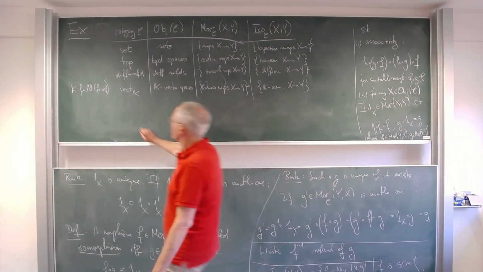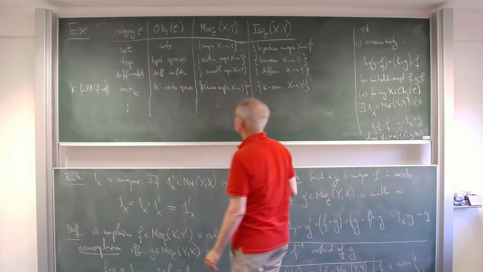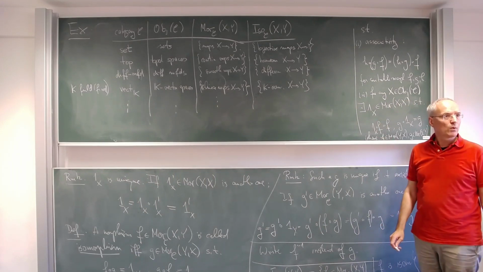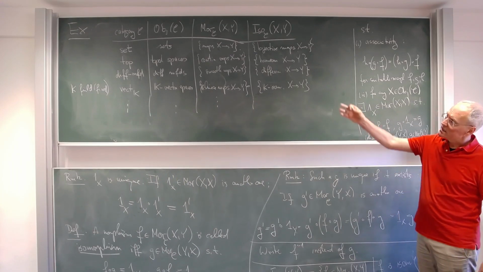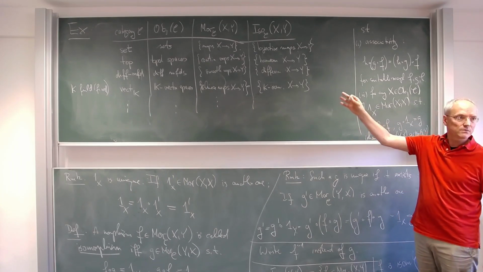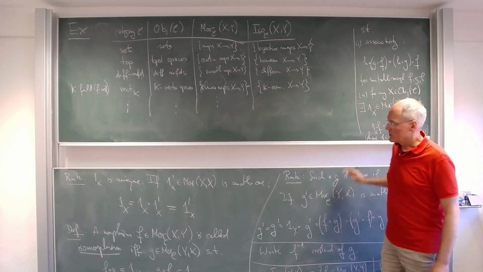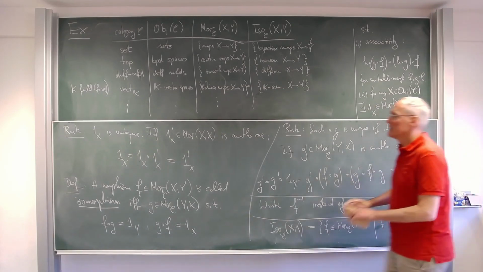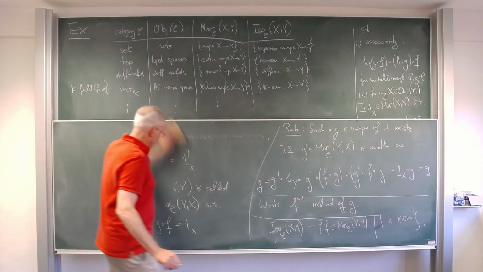And then, of course, there are lots more categories. We will see some of them, just so that we get an idea. In these examples, our morphisms have always been maps, and the objects of the category were sets with some extra structure. But that's not necessarily the case. So let me give some other examples of interesting categories where the morphisms are not maps.